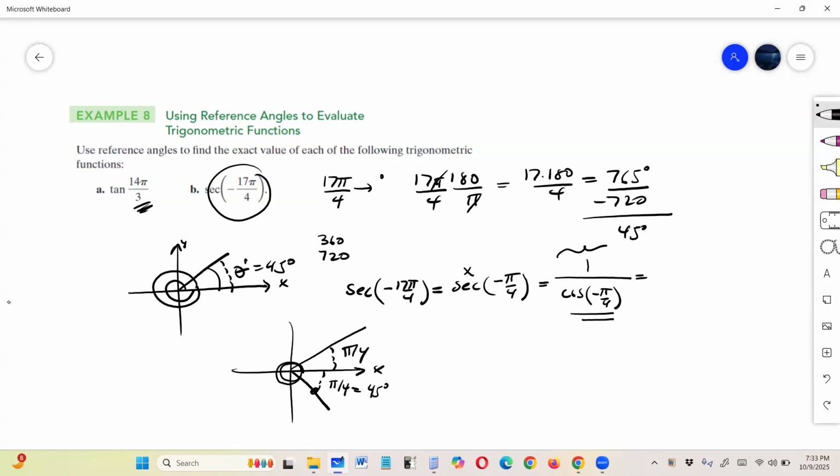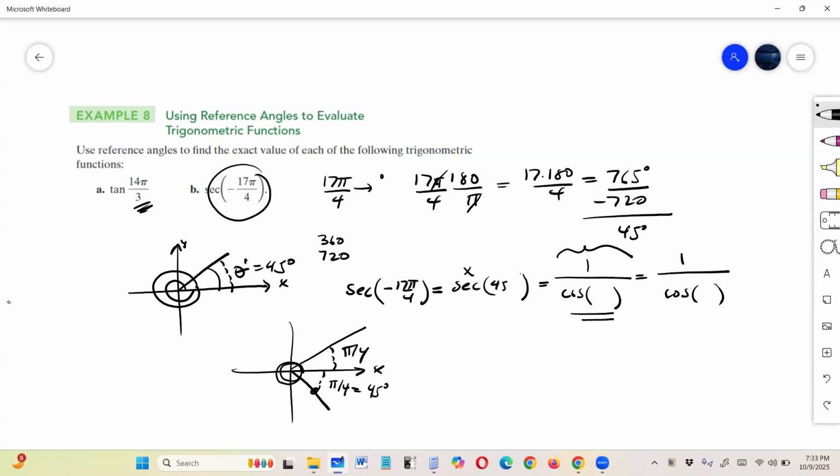So this expression is 1 over cosine of pi over 4. I'm sorry, I should be using 45 degrees, right? So you can change everything here to 45 degrees because we were using degrees anyway.